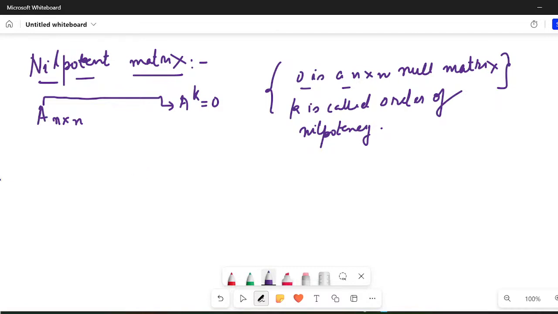Now, there is a very strong statement. I'm not going to prove this statement, but one half of it I'm going to prove, not the other half. The other half would require a rigorous derivation.